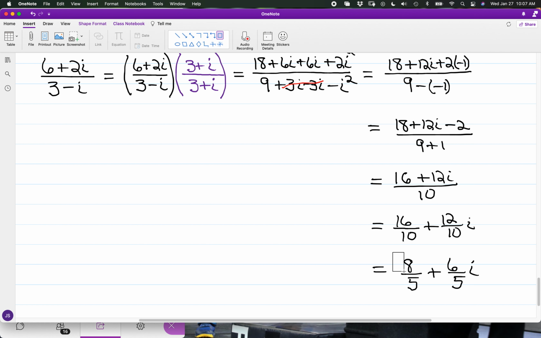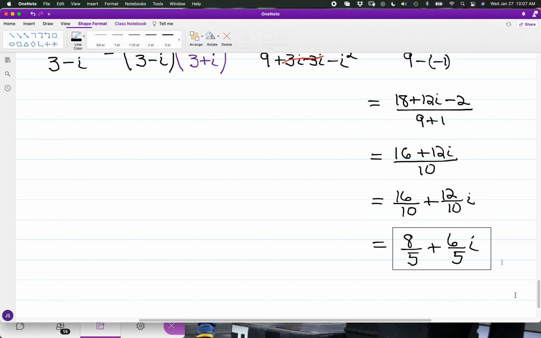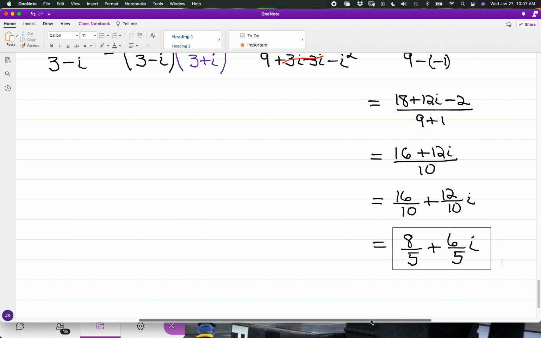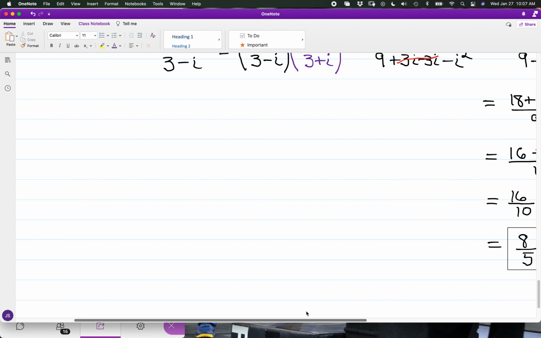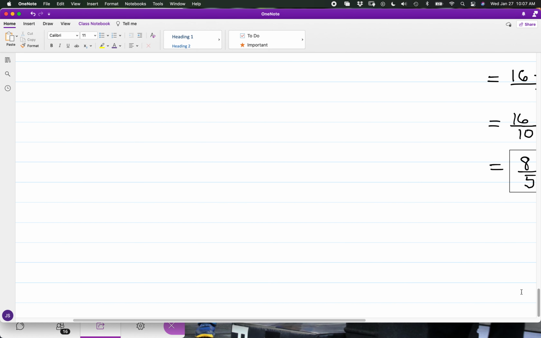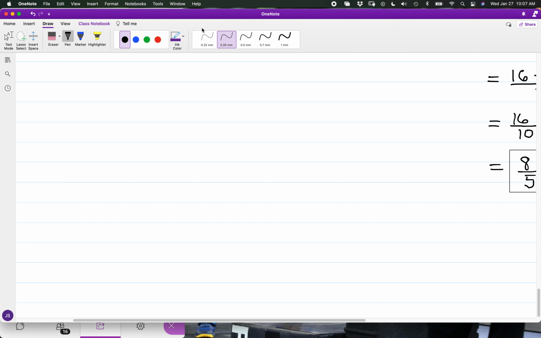Now in the case of what we have with 52, and for this ratio, you have 5 plus i all over 4 minus i.